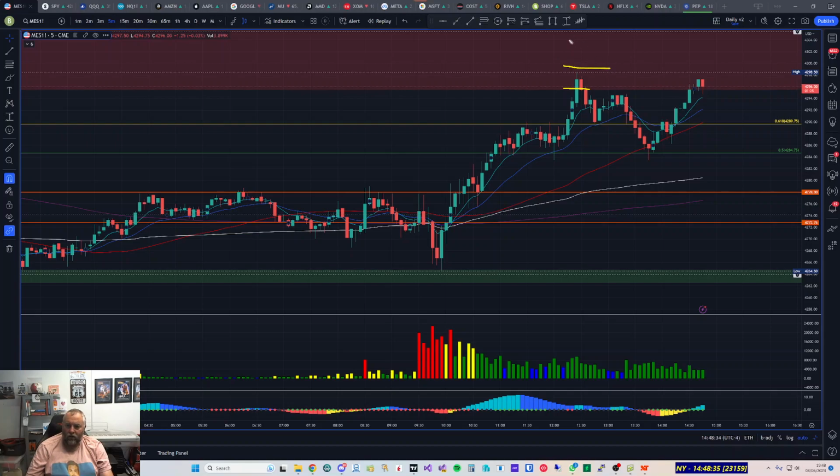These are my areas I was looking to add to my position. So I had one contract there, and it pulled right back, and I knew that's a 618 zone, and it's an area of supply, an area of support. So I got out at the bottom of this candle just there.